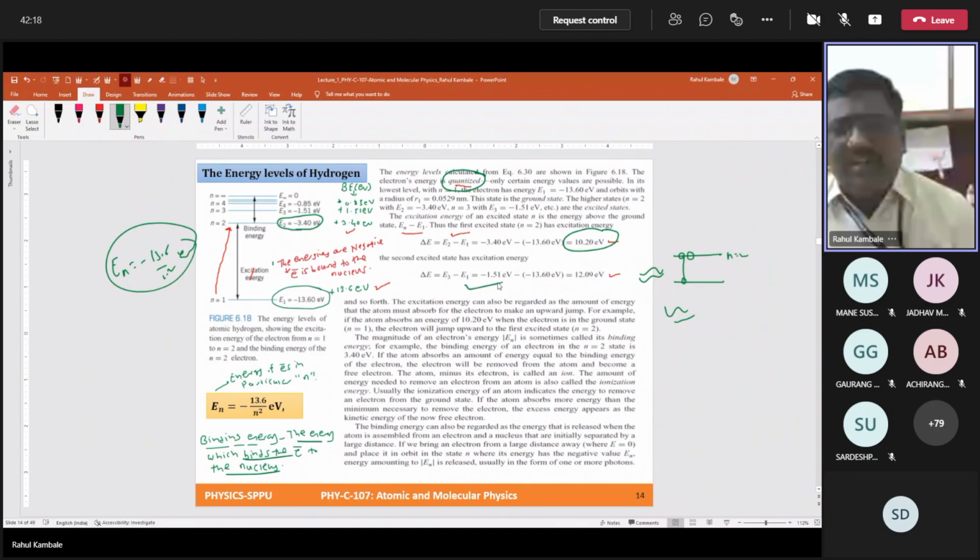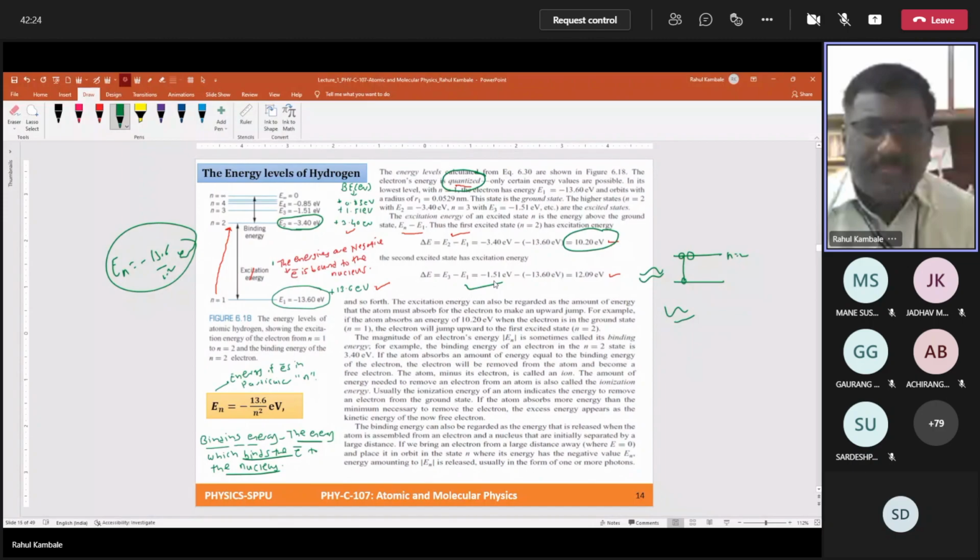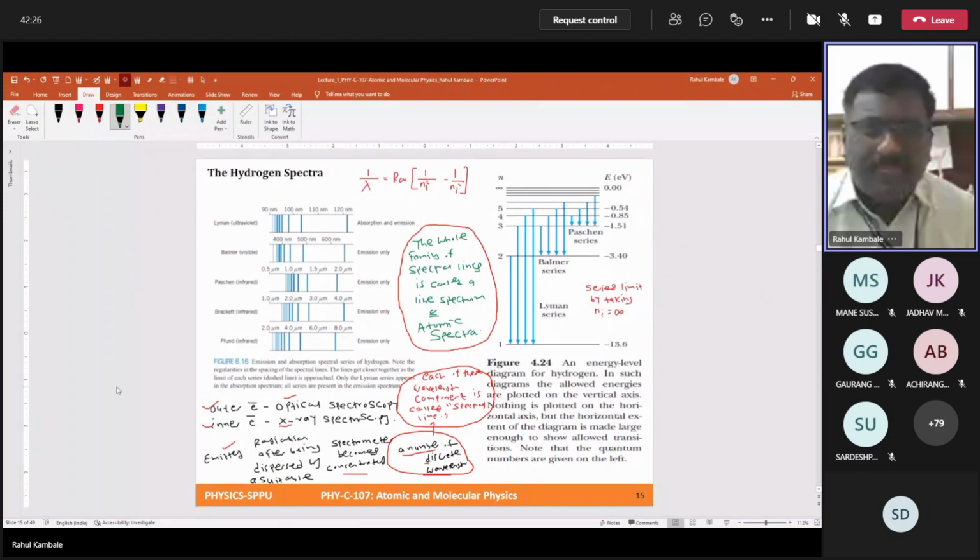So this is the most important thing you need to understand as far as the hydrogen spectra is concerned. So what do you mean by a spectral line? Because someone has mentioned spectroscopy at the very beginning. You can see these are the inner shell electrons and these are the outer shell electrons.